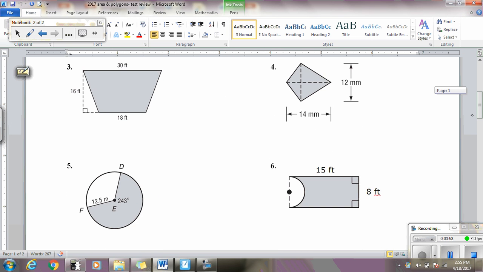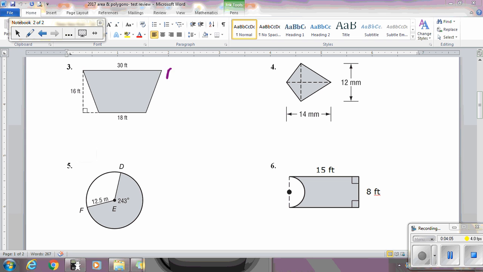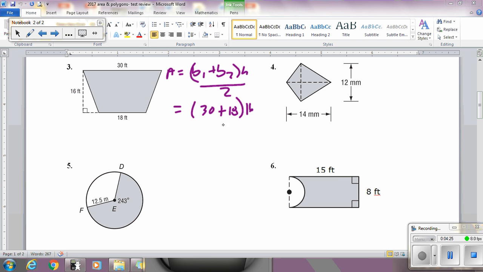For number 3, there's a trapezoid. The area formula for a trapezoid is b1 plus b2 times the height over 2. So the bases in this trapezoid are 30 and 18. The height is 16 because it is perpendicular to the base. And then over 2. Then grab your calculator, type it all in one step.